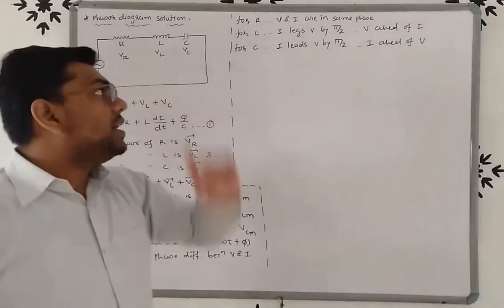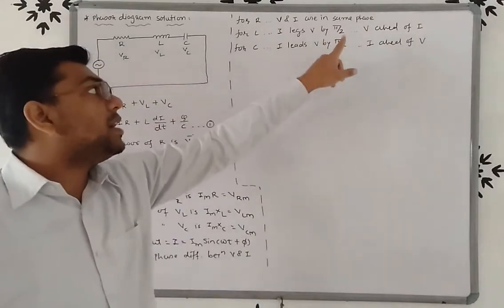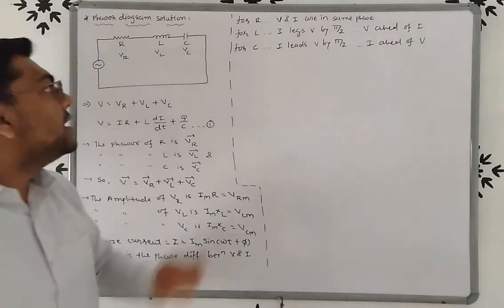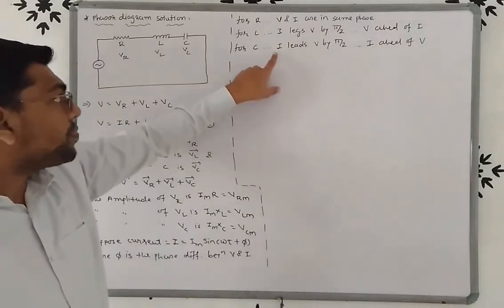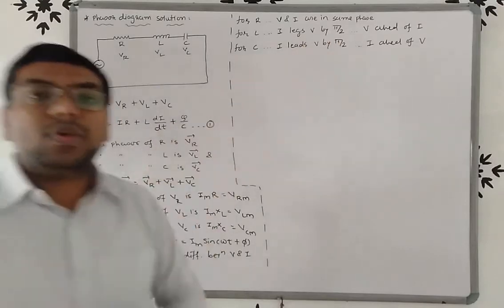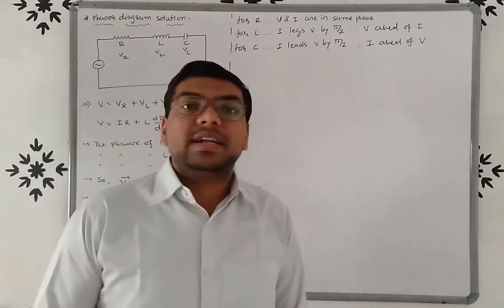So for inductor we know that current lags voltage by pi by 2. So here voltage is ahead of current, right? And here current leads voltage, so current is ahead of voltage, right? So this concept we already discussed, right?